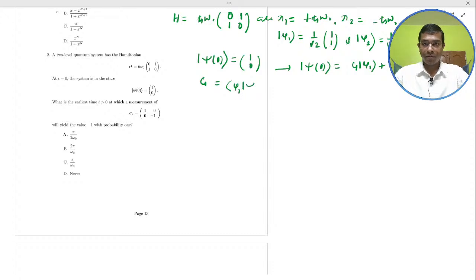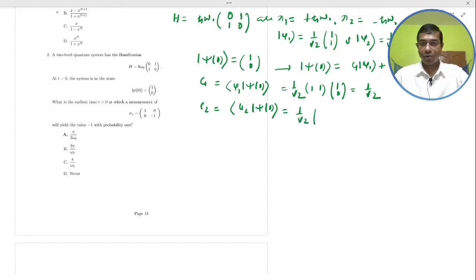C1 equals bra phi 1 with psi 0, which is 1 by root 2 (1 1) times (1, 0). This will become 1 by root 2. And C2 equals bra phi 2 with psi 0, which is 1 by root 2 (1 minus 1) times (1, 0). This will become 1 by root 2.